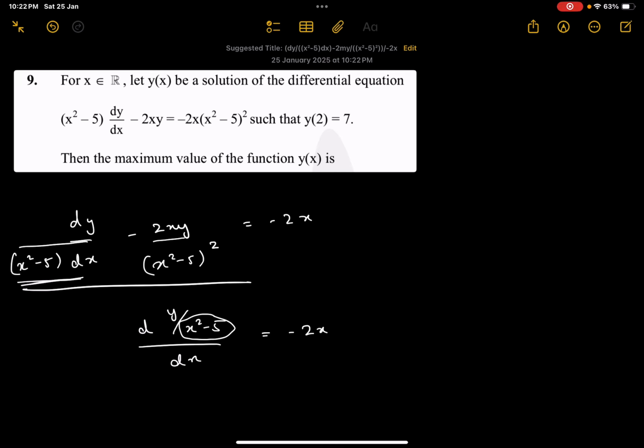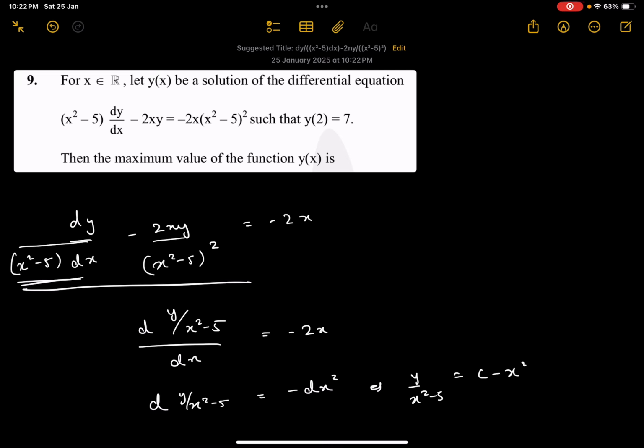So now that will give us y upon x square minus 5 equals c minus x square.